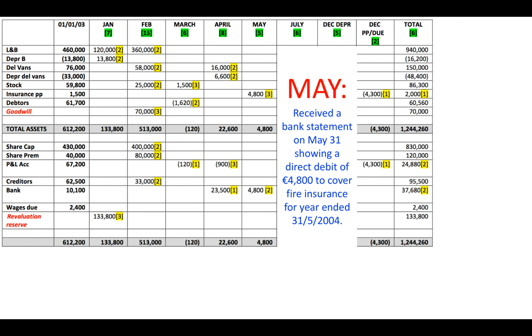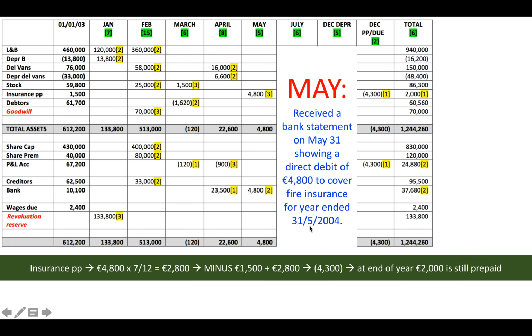So what I want to do here is say how much insurance is attributable to the current year, which is 2003. So this here 4,800, right? 5 months of that is for next year. So therefore 7 months of it is for this year.